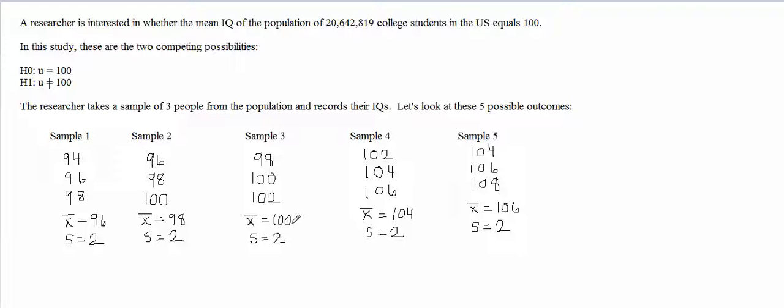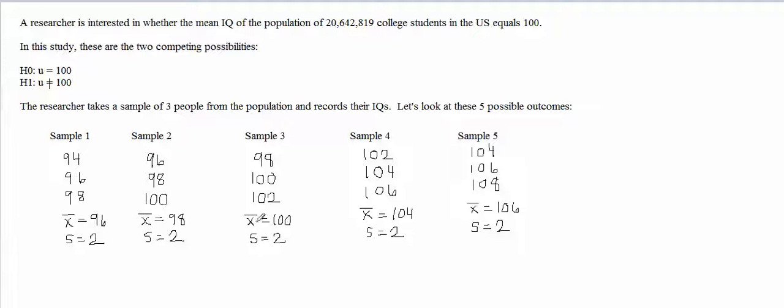The null hypothesis is only true if the mean of all of these college students in the population equals 100. We talked about how the mean of a sample is not necessarily the same as the mean of the entire population. Actually, it's almost always not the same.